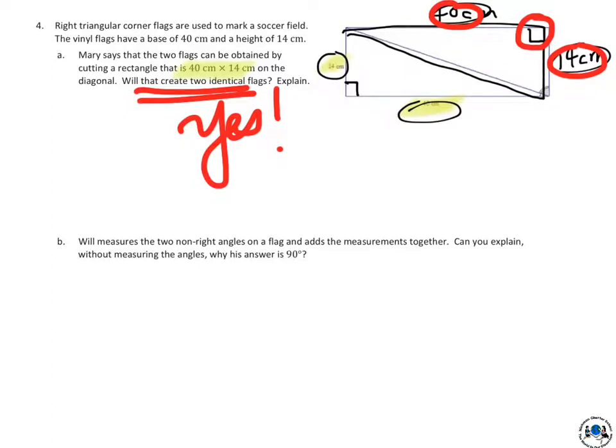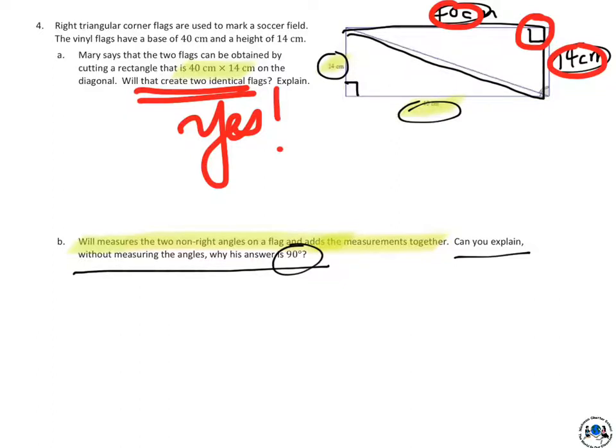And then part B says Will measures the two non-right angles on a flag and adds the measurements together. Can you explain, without measuring the angles, why his answer is 90 degrees? Well, that's a fun one.